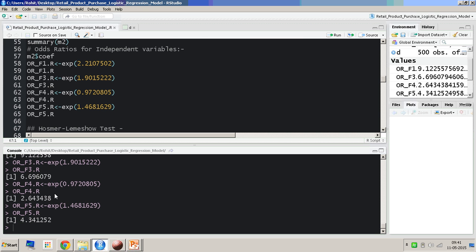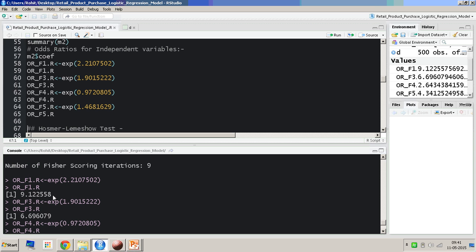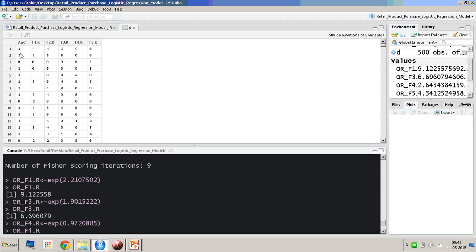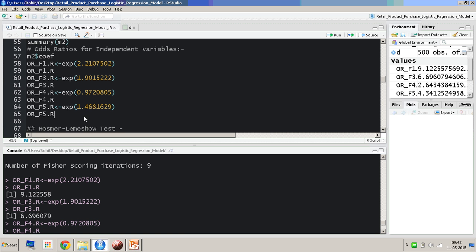So the probability is, let's say, 9.12 for f1.r, that the dependent variable would end up taking a value of 1, which is that a particular observation would be a yes, an actual purchase has happened, versus an actual purchase has not happened. So in simple terms, that is what the odds ratio is.